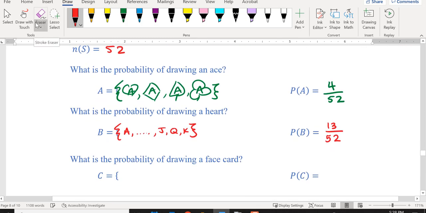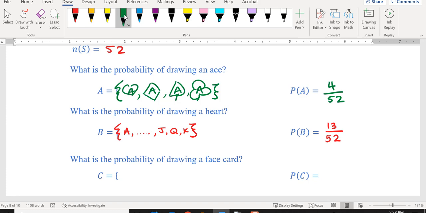One more. What's the probability of drawing a face card? Now remember, a face card is just a jack, queen, king. Jack, queen, king of hearts. So those are all of hearts. A jack, queen, king of diamonds. A jack, queen, king of spades.